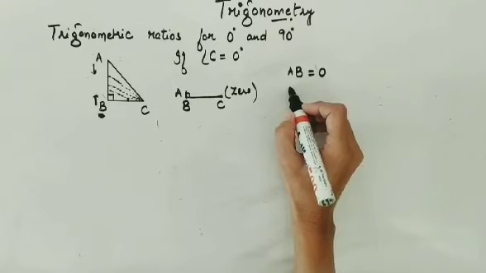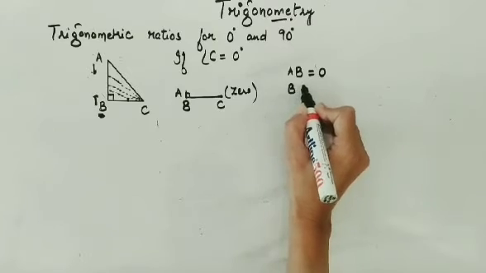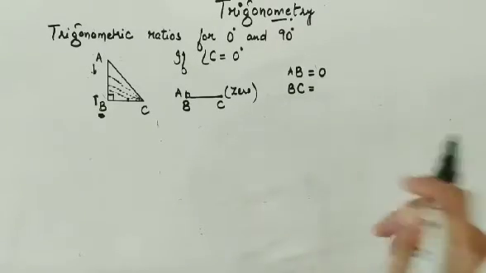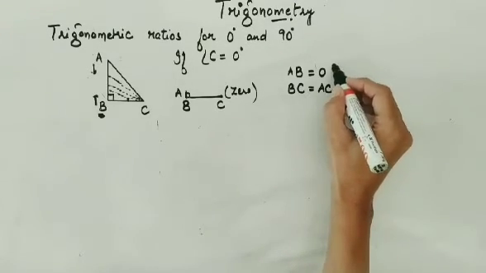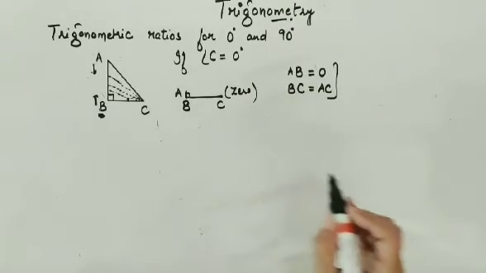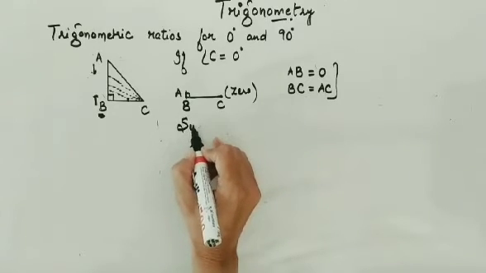Okay. What would be the changes to BC? BC is as such, but BC has become equal to the third side, which is AC. Observing these changes and applying it for the trigonometric ratios, those functions which we have.